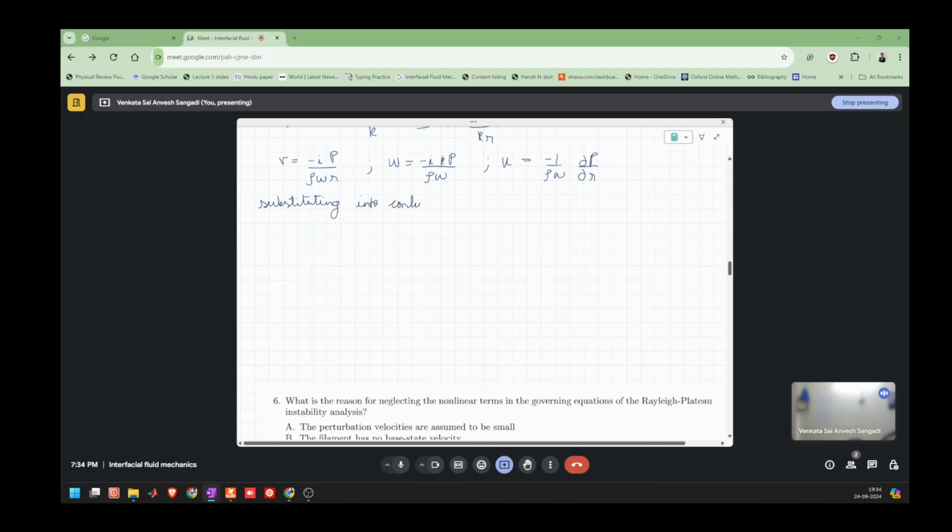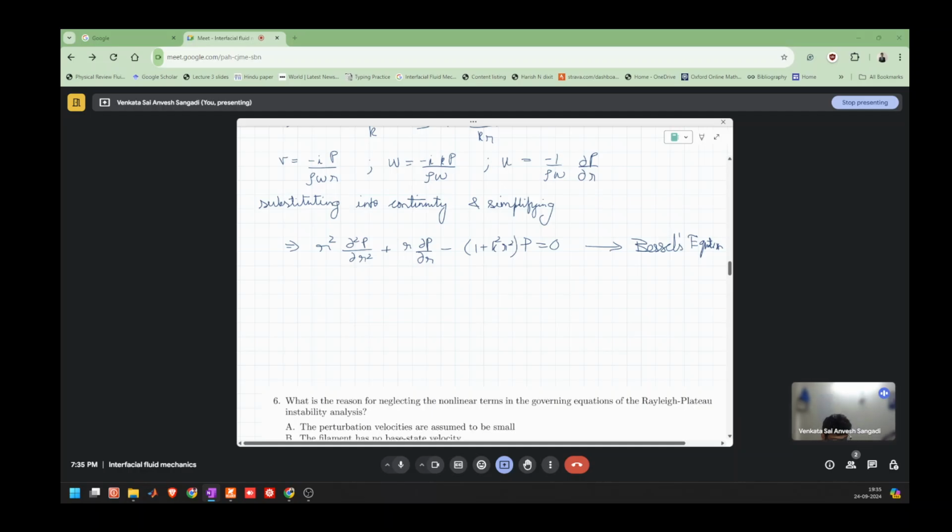Substituting all of this back into the continuity equation and simplifying, we will get r square del square p by del r square plus r del p by del r minus 1 plus k square r square p is equal to 0, which is a form of Bessel's equation.